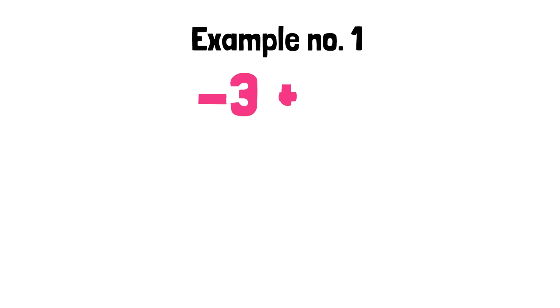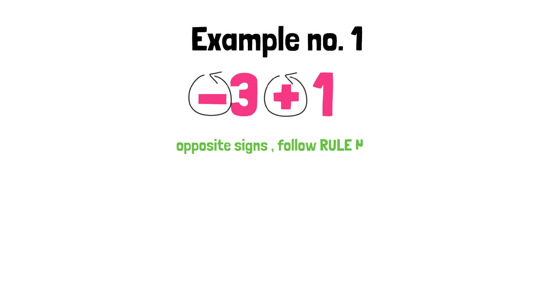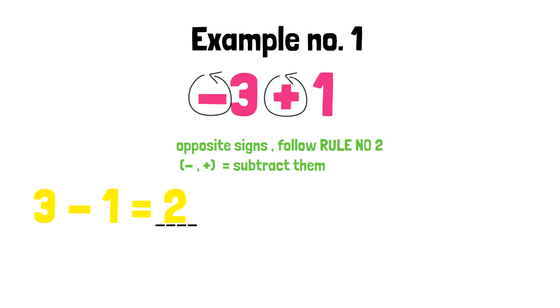So, the first example is minus 3 plus 1. First, look at the sign. There are opposite signs. So, follow rule number 2, subtract them. When we subtract them, the answer is 2. Now, it can be positive or negative. So, let's follow rule number 3.